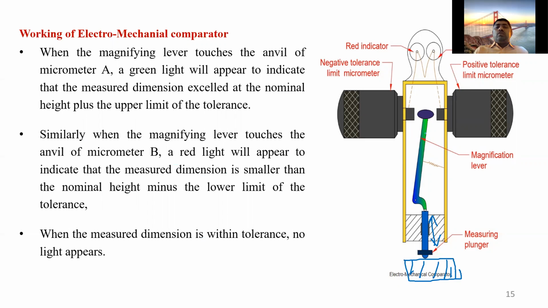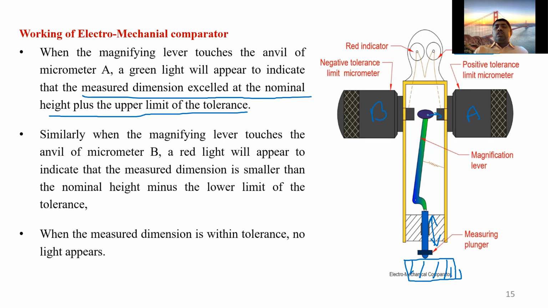If the magnification lever touches the anvil of micrometer A, the green light will appear, to indicate the measured dimension exceeds the nominal height plus the upper limit of the tolerance.